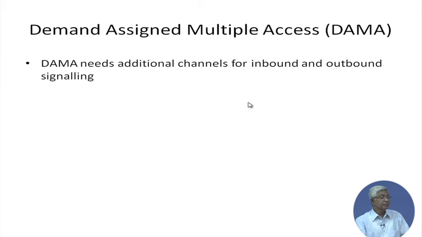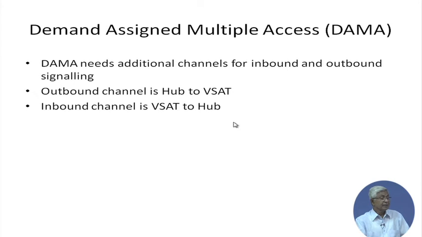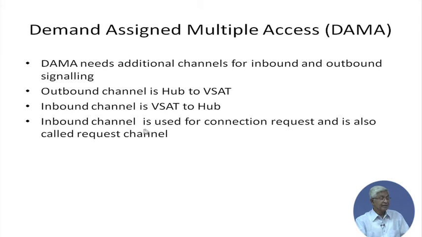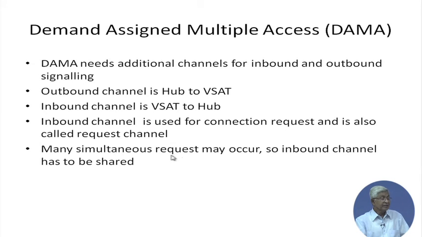So the outbound channel is from hub to VSAT, whereas the inbound channel is VSAT to hub. Now many VSATs might be requesting, so the inbound channel has to be shared. It is used for connection requests and is also called the request channel, and many simultaneous requests may occur, so the inbound channel has to be shared.